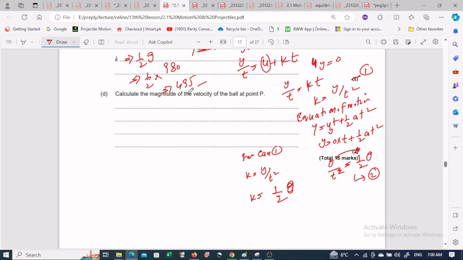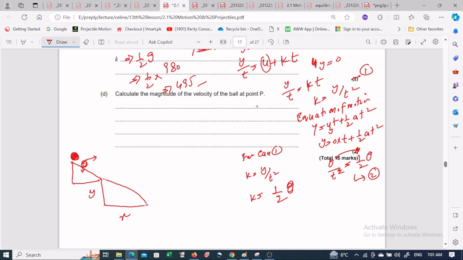Okay, calculate the magnitude of velocity at point P. In order to find the magnitude of the velocity at point P, first I will redraw the figure. Here is the y distance, here is the x distance, curve path. When the bar slides down, it has both components throughout the motion.